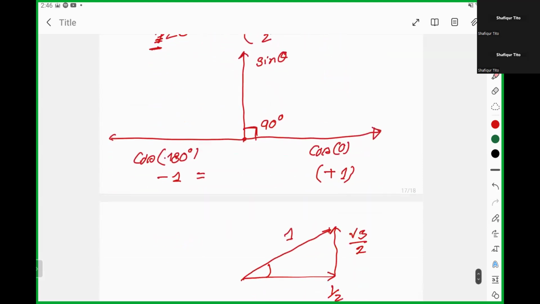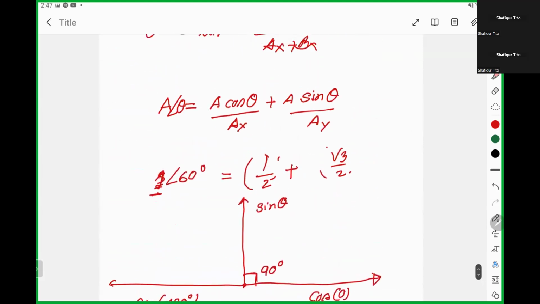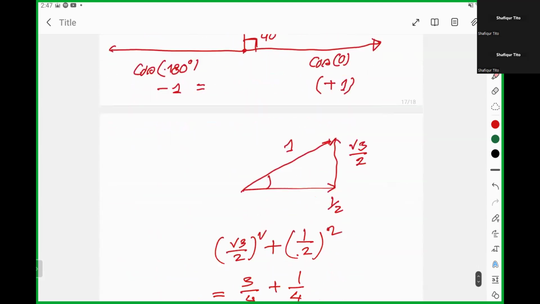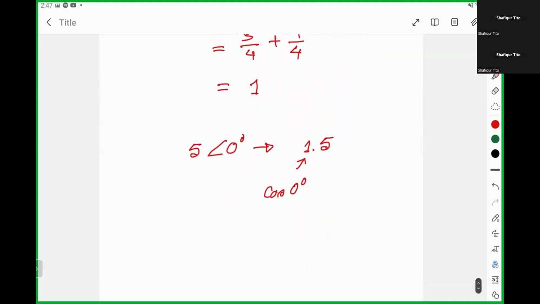Okay, in other words, let us consider that I have a vector 5 making an angle of 0 degree. That means I can represent this one as 5 multiplied by positive 1. And this positive 1 is coming from cos of 0 degree. Now, this vector is in this direction, right?